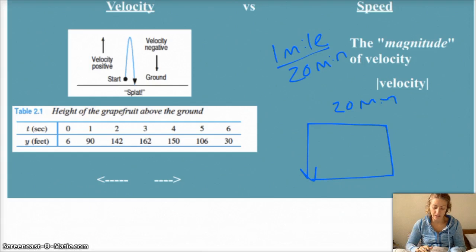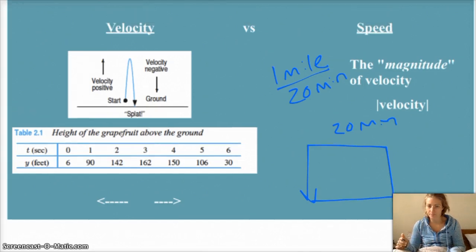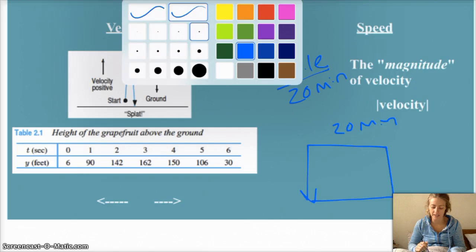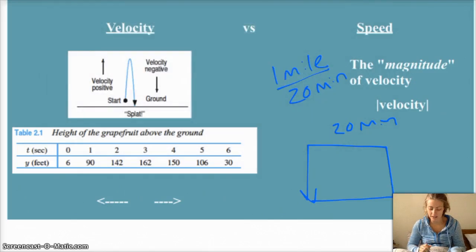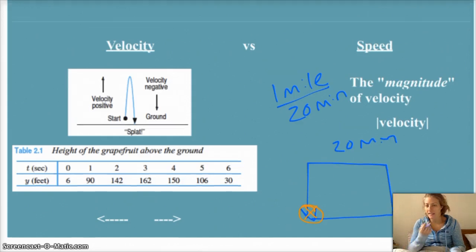The velocity, on the other hand, is a change in position. So in this particular case, I started at my classroom and I also ended at my classroom. So my velocity in this case, because my position didn't change, is actually 0 because I have gone nowhere. So velocity has direction.